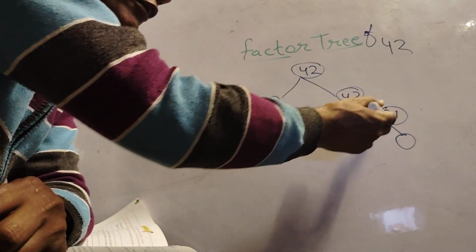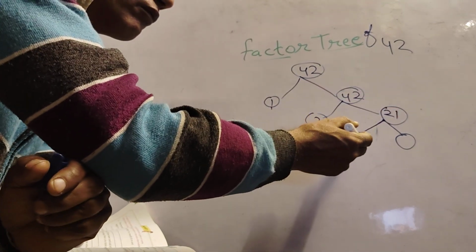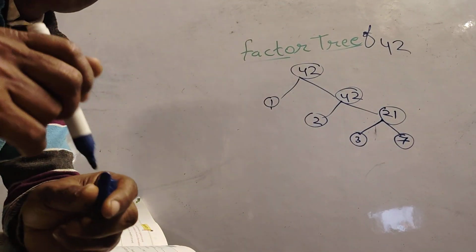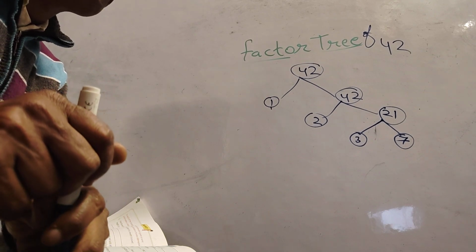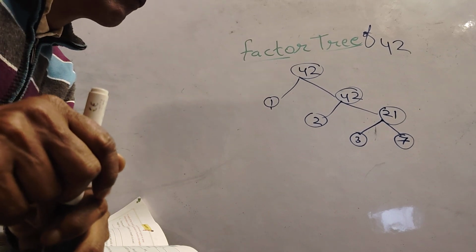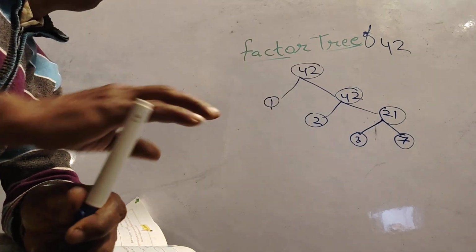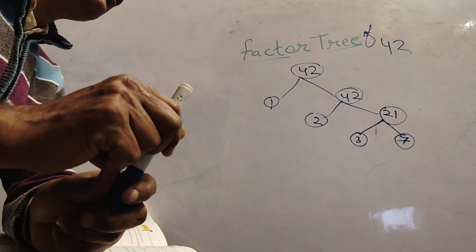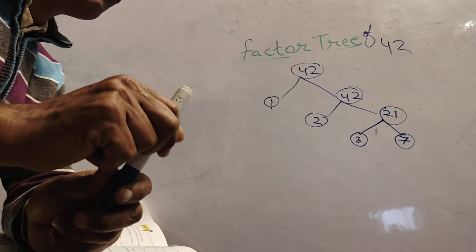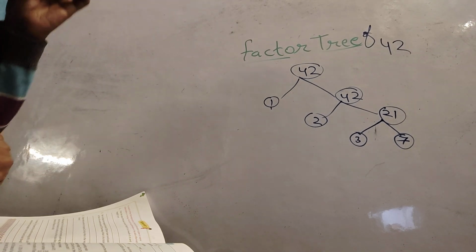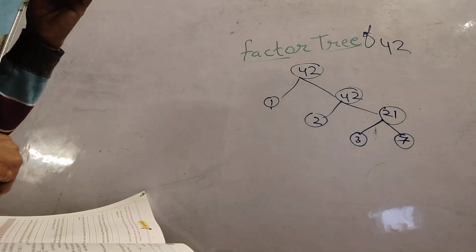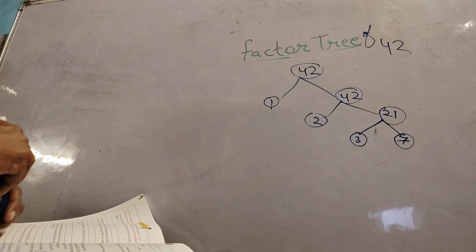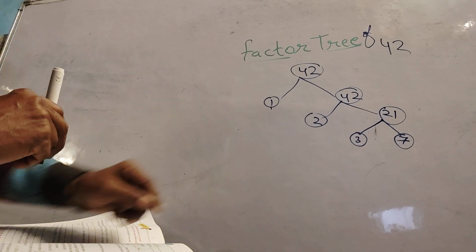Now 21 we divide into 3 and 7, since 3 times 7 is 21. Where is 6 and 7? 6 times 7 is 42. This is the final answer of the factor tree of 42.